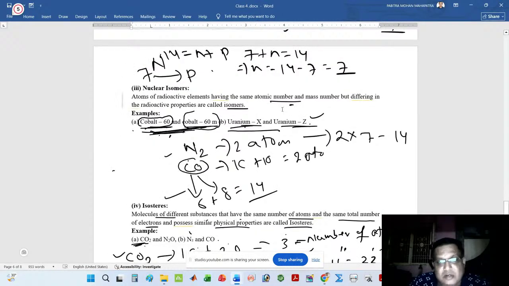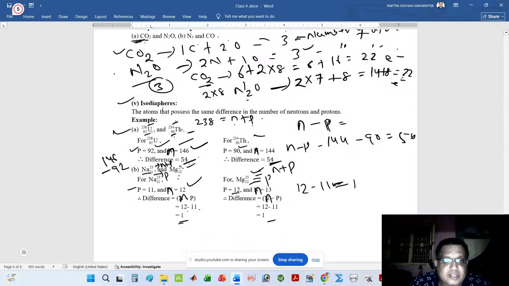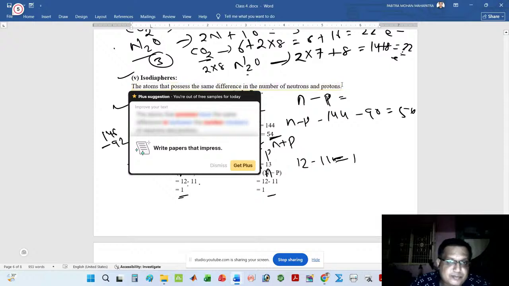Nuclear isomers mean same atomic number and also same mass number but different radioactive property. Isosteres mean same number of atoms and same total number of electrons. Isodiaphers mean the same difference in the number of neutrons and protons.